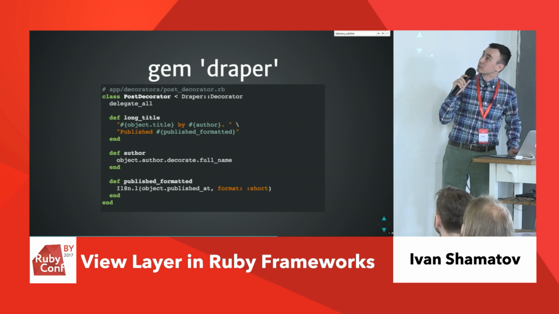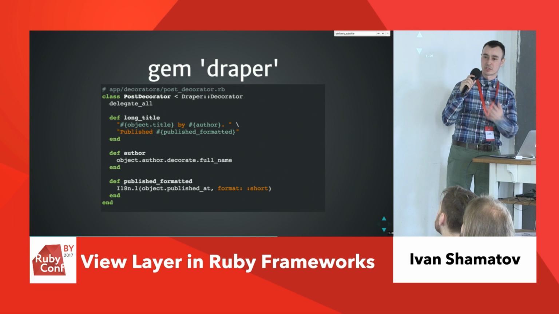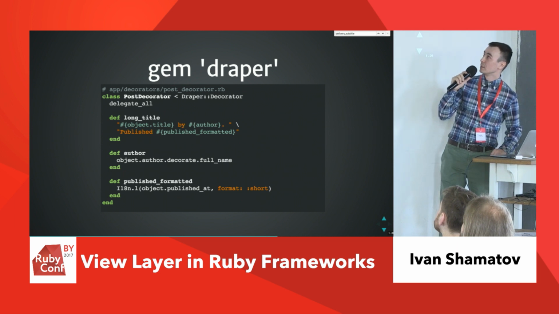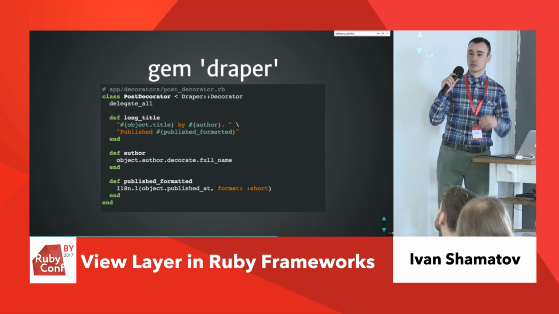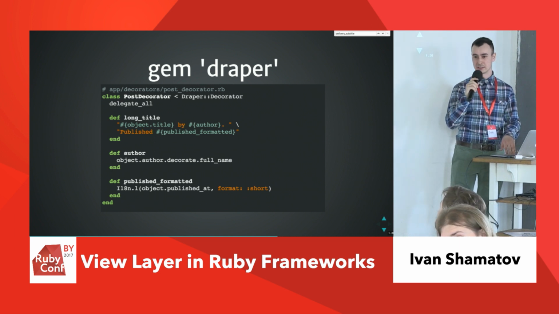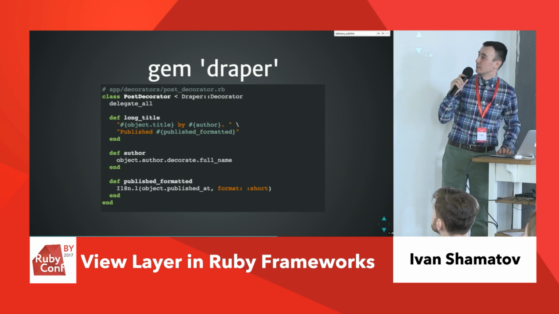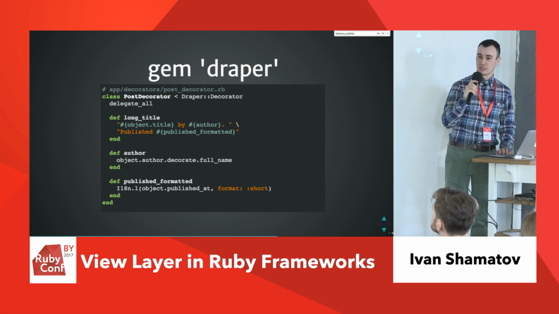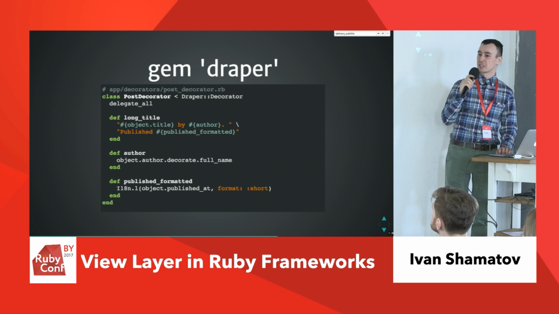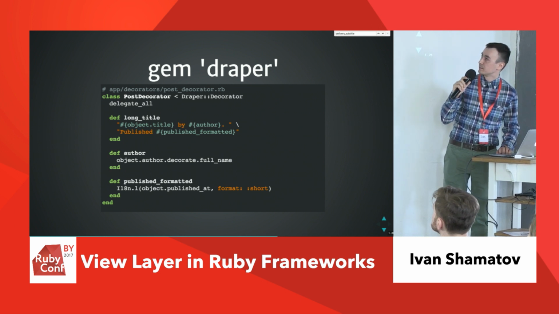They recommend to name our decorator, for example, for a post, PostDecorator. And we've got delegation inside, and we've got helpers inside, so we don't have to include Rails helpers like link_to manually. And the resource we are wrapping can be accessed via the object method.